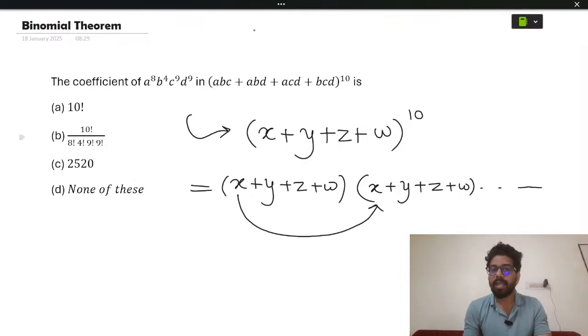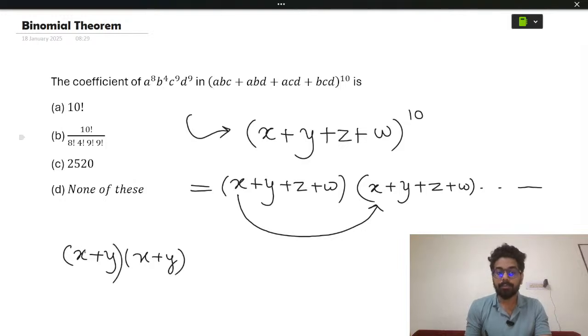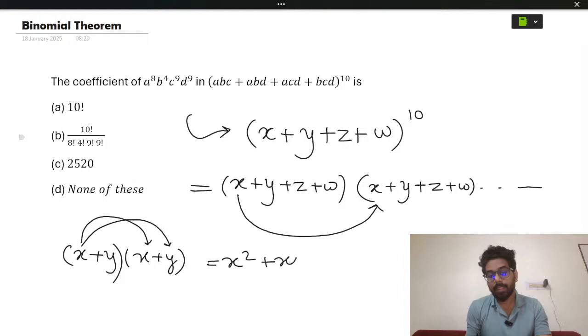For example, if you are multiplying (x + y) into (x + y), you take a term from a factor and multiply a term from the other factor. So x into x becomes x square. x into y becomes xy. y into x becomes xy, and hence you have 2xy. y into y is y square.